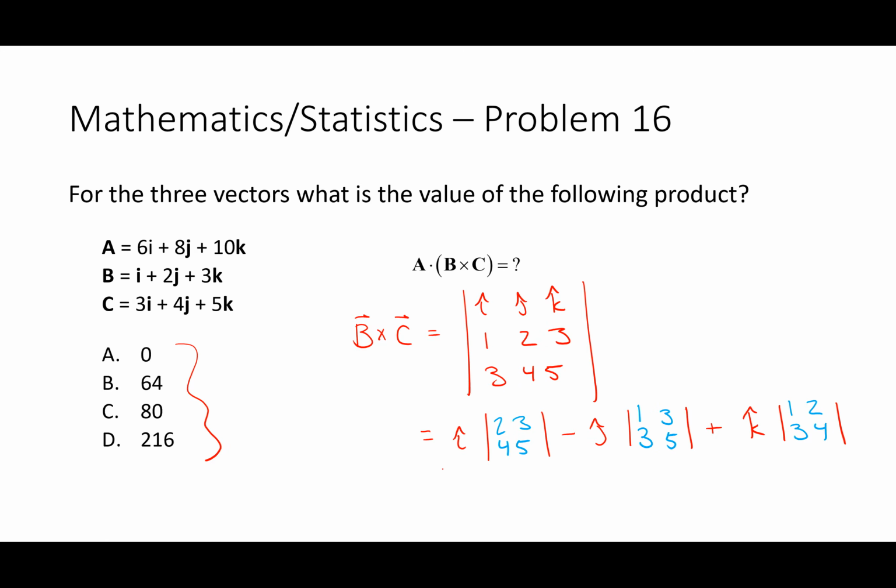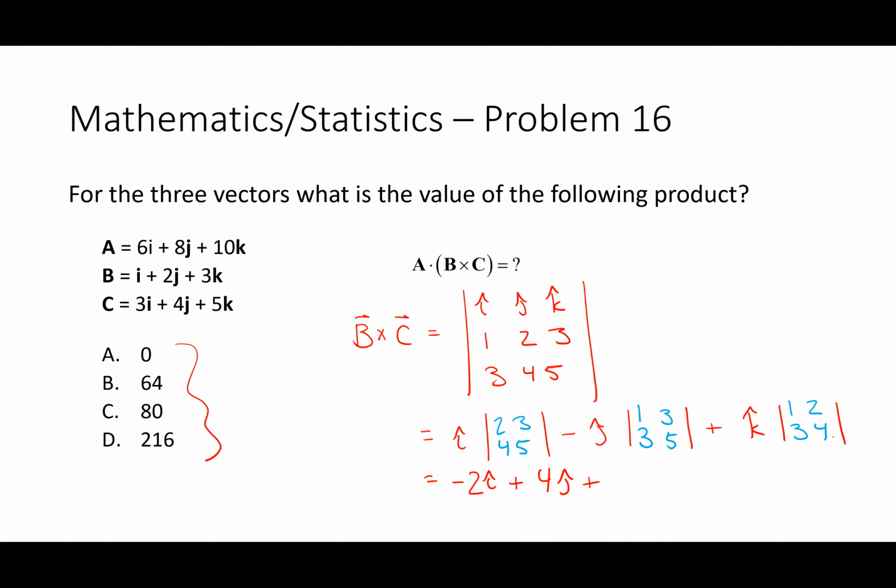And then what do I get here? I get 2 times 5 is 10, minus 3 times 4 is 12, so that's minus 2i. What about the j? 1 times 5, minus 3 times 3, so that's negative 4, but I'm subtracting that, so that's plus 4j.